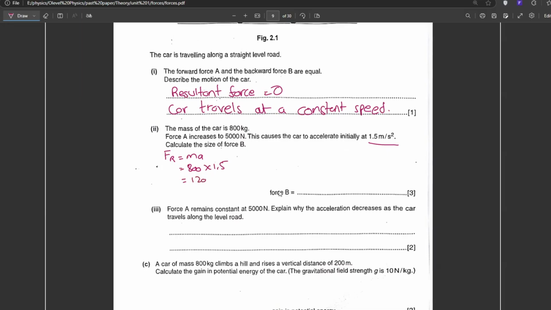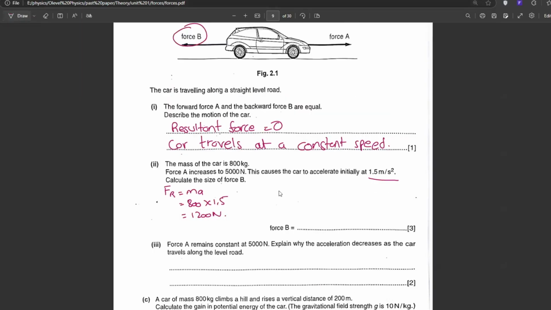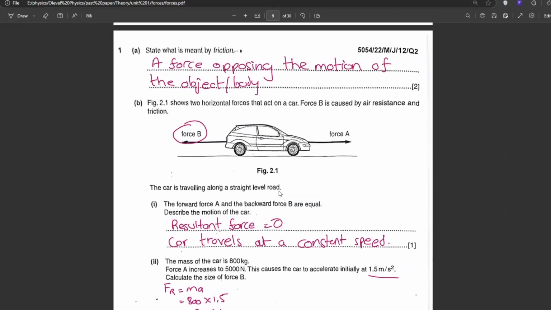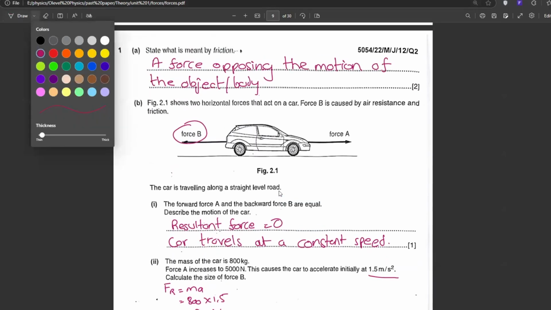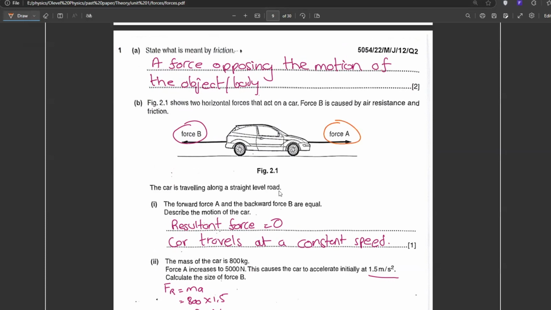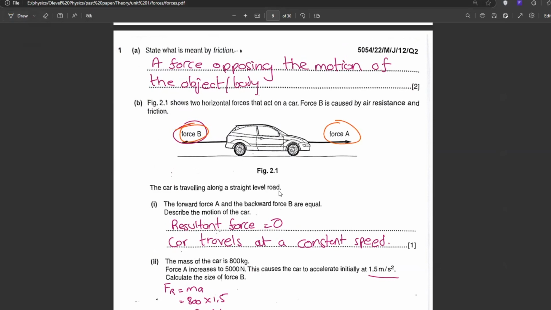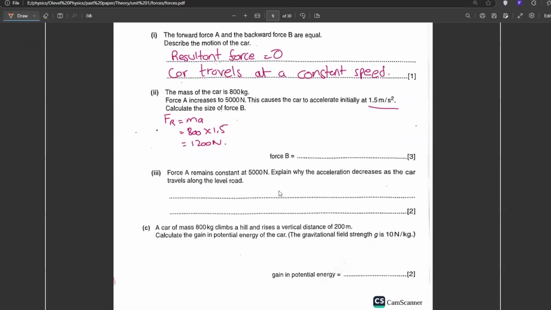Your resultant force comes out to be 1200 Newton. Force at A minus force at B will be your resultant force.